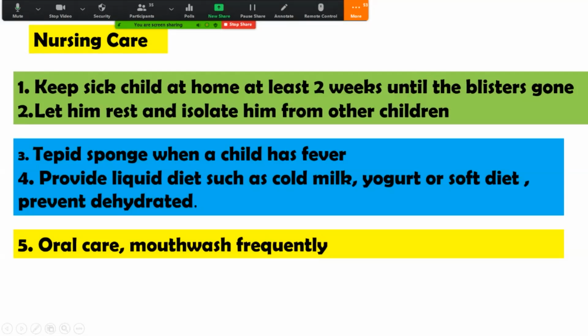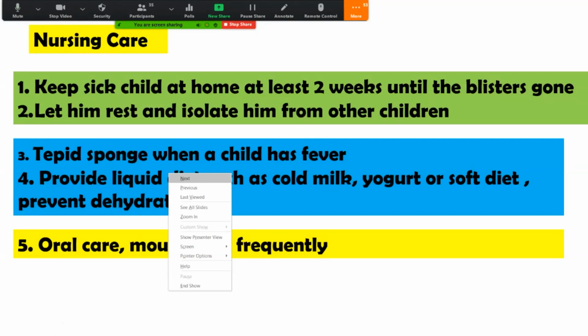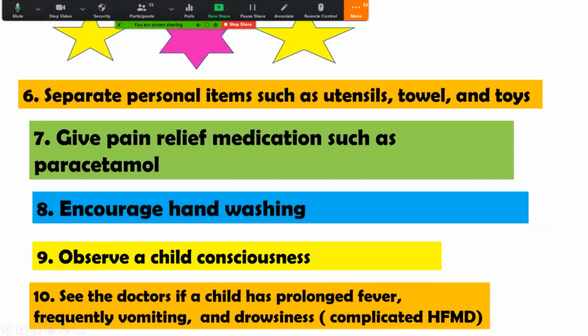When he has a fever, do tepid sponging, and provide a liquid diet such as cold milk, yogurt, or a soft diet, to prevent dehydration. Do oral hygiene care, with special mouthwash frequently, and separate personal items such as utensils, towels, and toys.